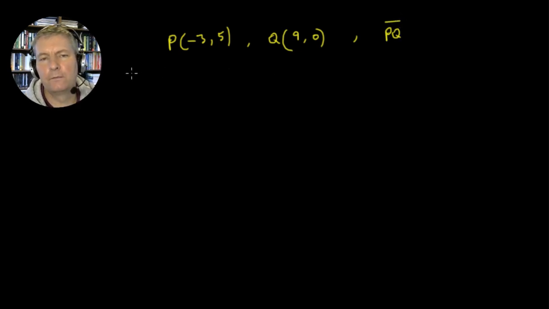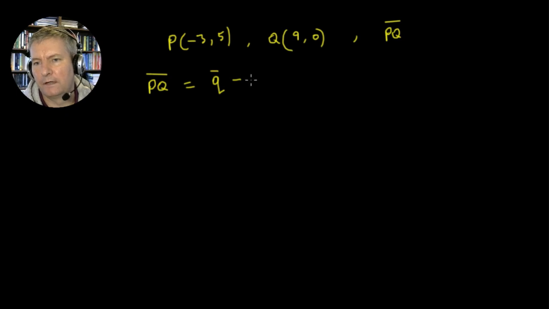Now we've seen from the previous videos that we can find the vector PQ. That's going to be equal to the vector Q, which is the position vector, minus the position vector P. So that should be equal, in component form, to 9, 0 minus the P, which is minus 3, 5.